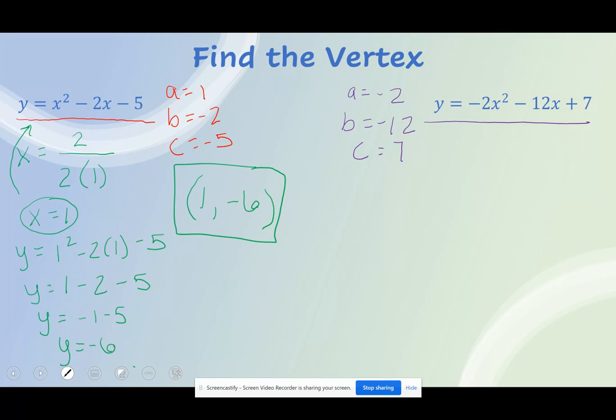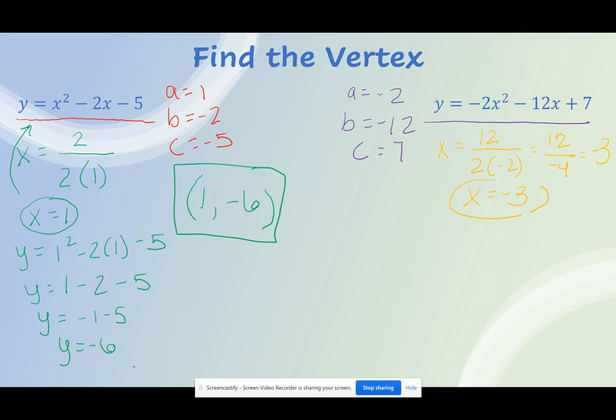So now we're going to do x equals negative b over 2a. Negative b, we want the opposite sign of b, so positive 12 divided by 2 times our a, which is negative 2. So we get 12 divided by negative 4, which is negative 3. So our x value is negative 3.